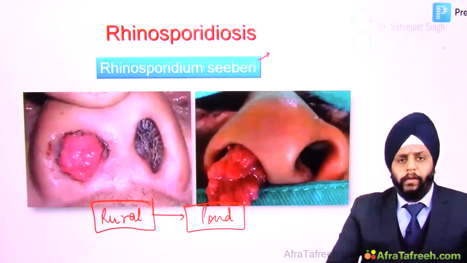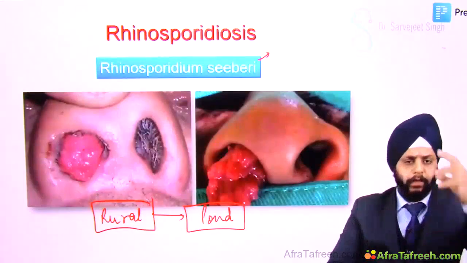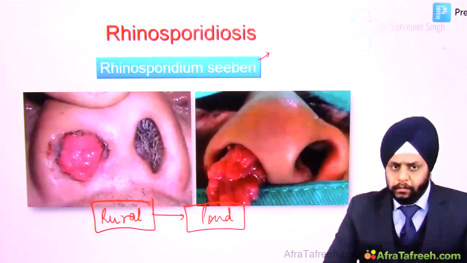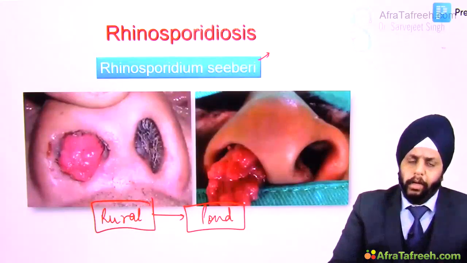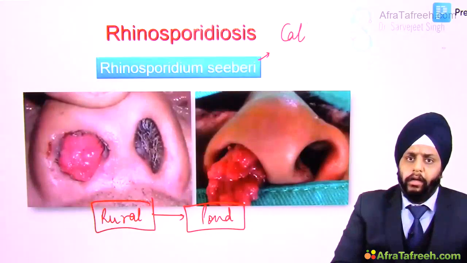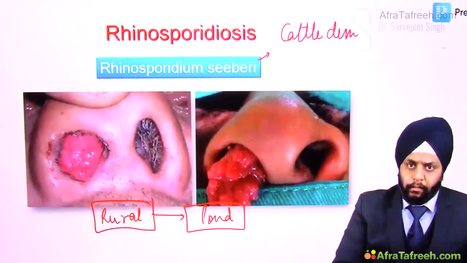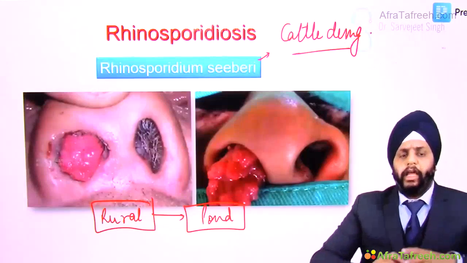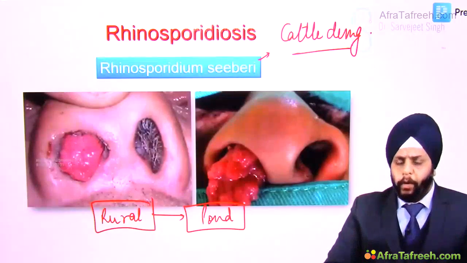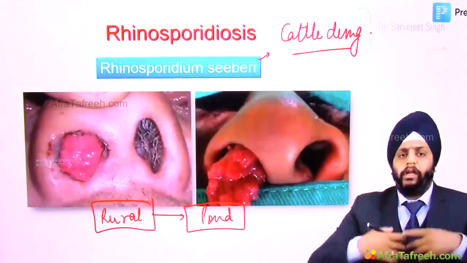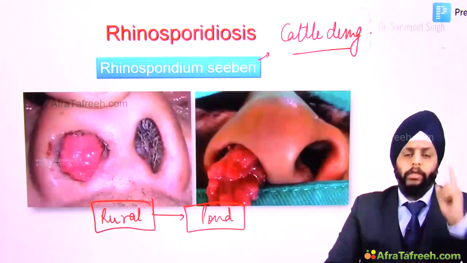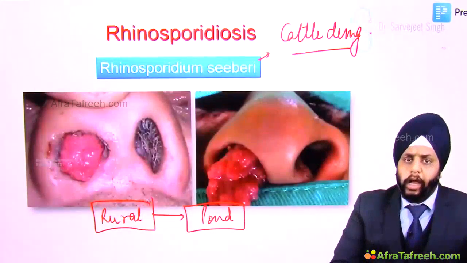So what happens when you take a bath in a pond, especially a dip bath, when you dip your head into the water? This organism is in the cattle dung. Okay, so if the animals have also taken a bath in the pond, the organism goes into the water and from there it infects human beings. Human beings are accidental hosts.